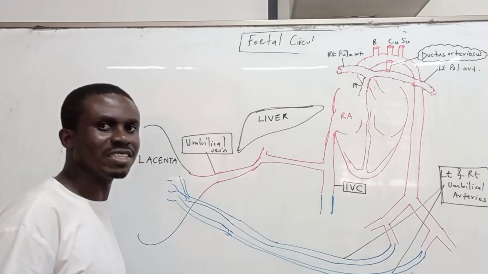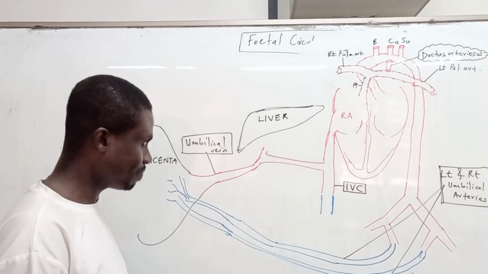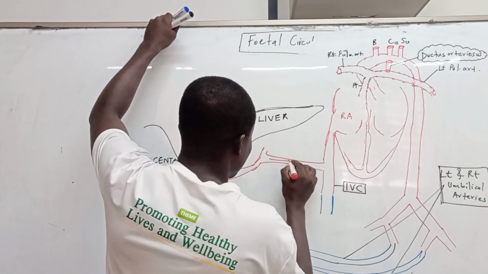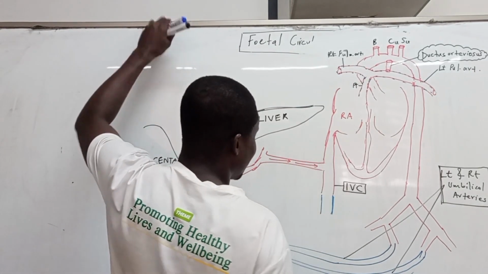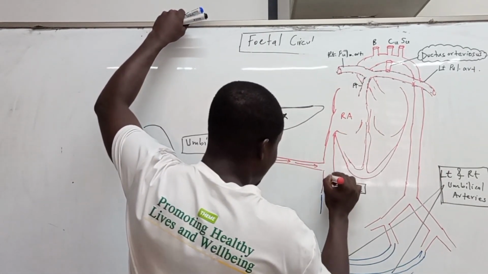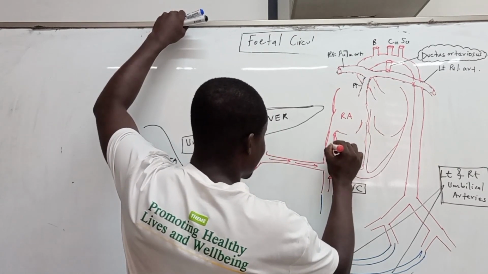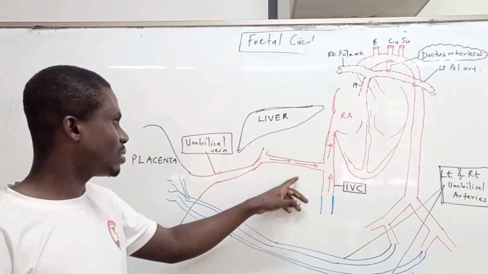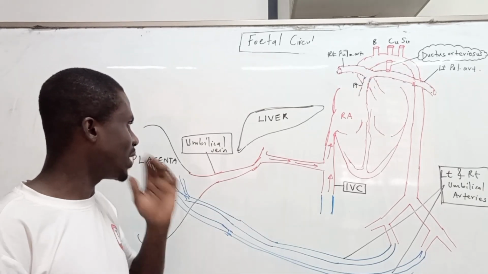This is also one of the shunt systems I want you to become aware of. So the blood will flow in this manner. Now this one is coming from below.